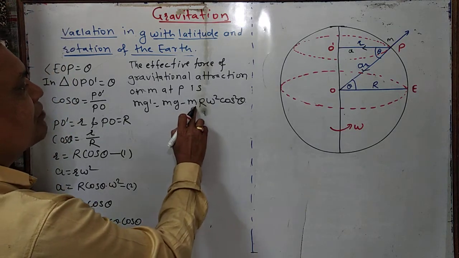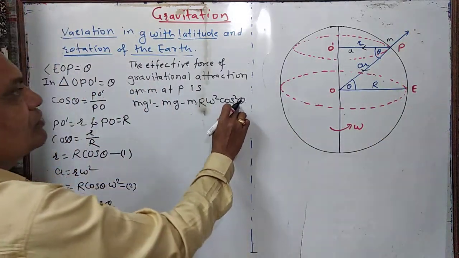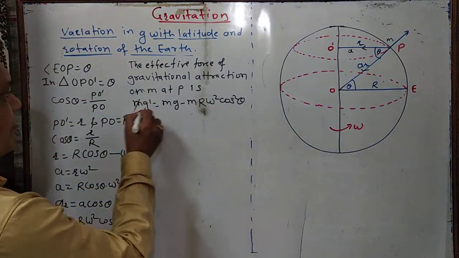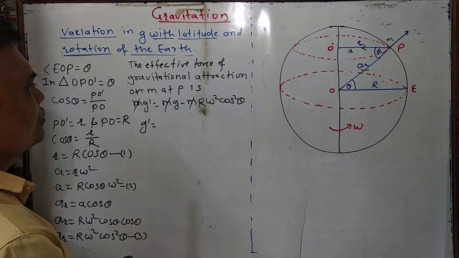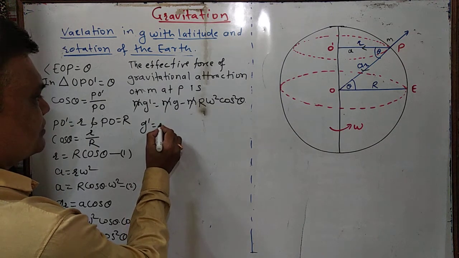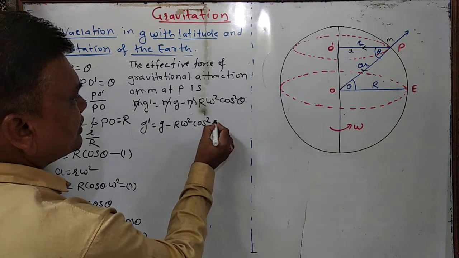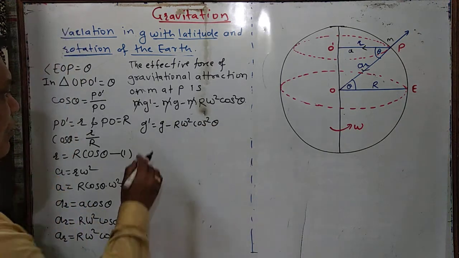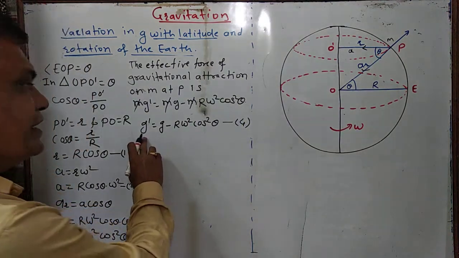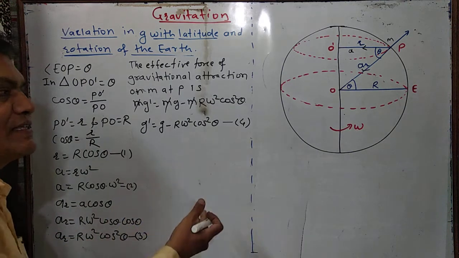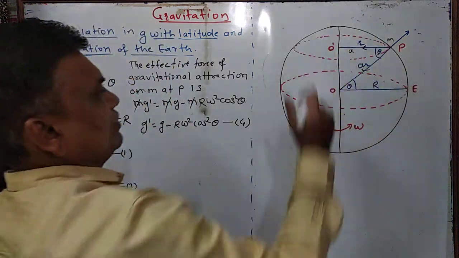So the m cancels, and g dash, the effective acceleration due to gravity due to rotation of the Earth, equals g minus R omega square cos square theta, equation 4. From this equation it is clear that the effective acceleration due to gravity, g dash, increases as we go from equator to pole.